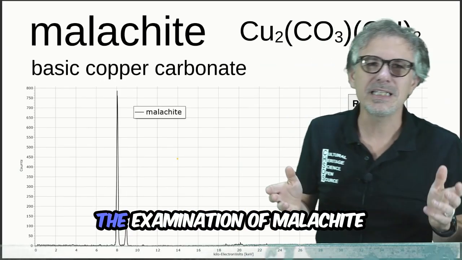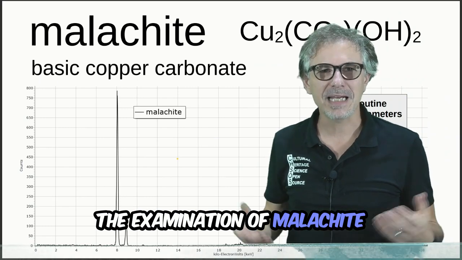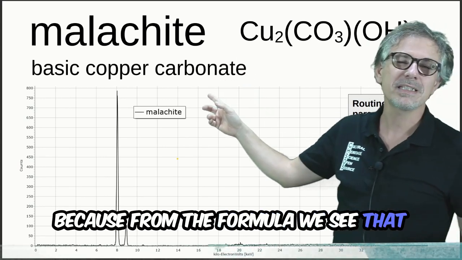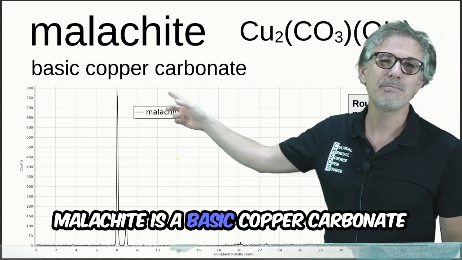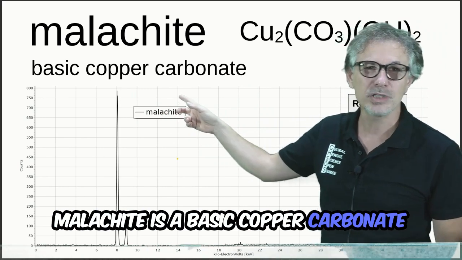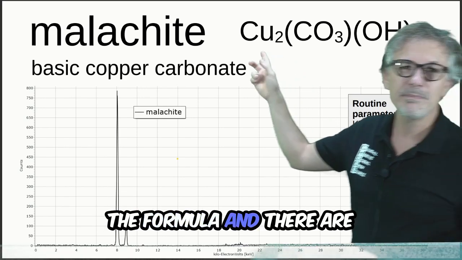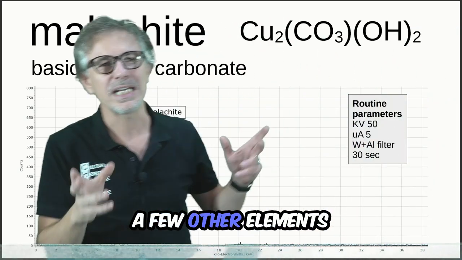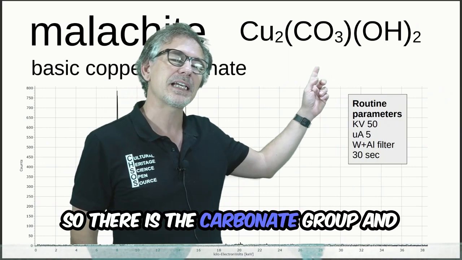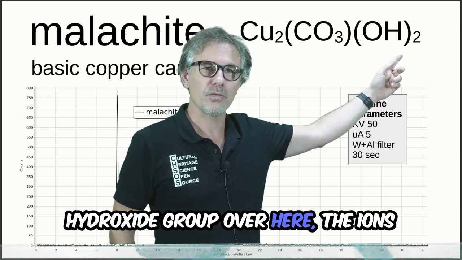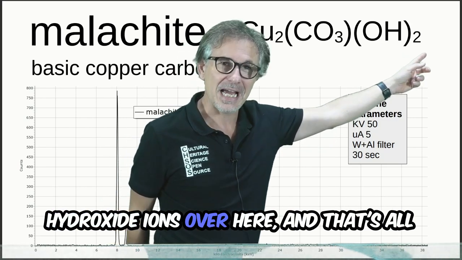and K beta is 8.9 keV. The examination of malachite is pretty easy because from the formula we see that malachite is a basic copper carbonate. There is copper in the formula, and a few other elements: the carbonate group and the hydroxide ions over here.